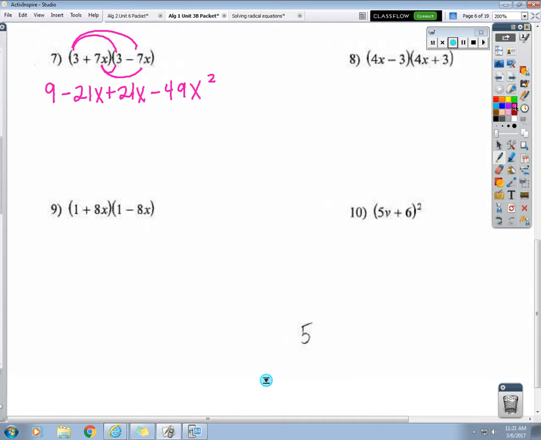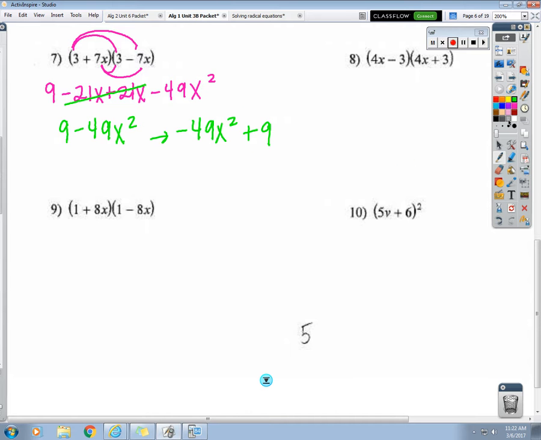Then, when we went to combine like terms, negative 21x plus 21x cancels out. And we were left with 9 minus 49x squared, which we then quickly rewrote into standard form, meaning that the exponents go from highest to lowest. So this would come first, and this would come last.